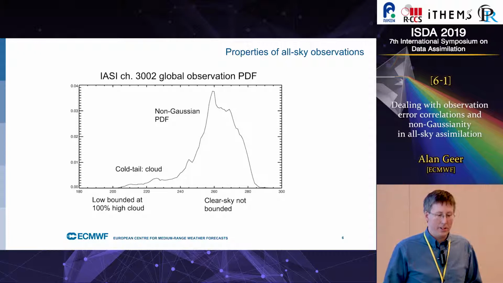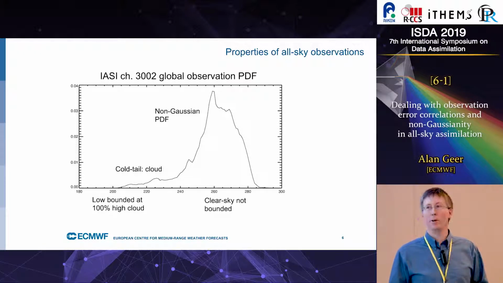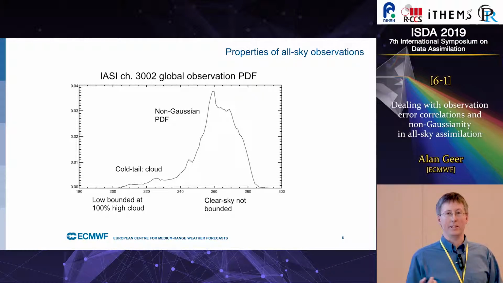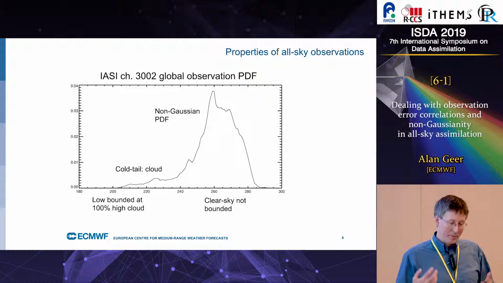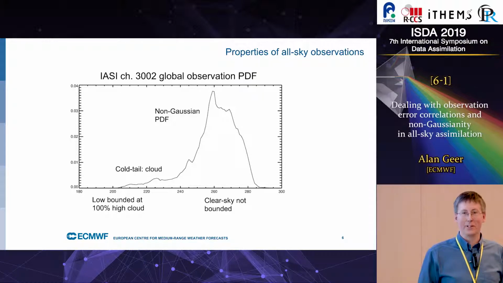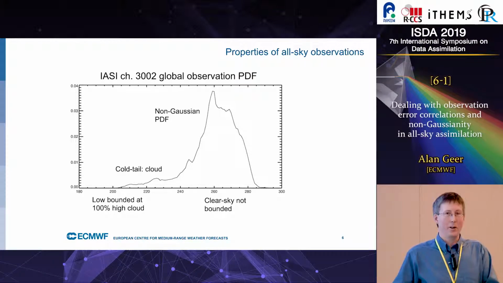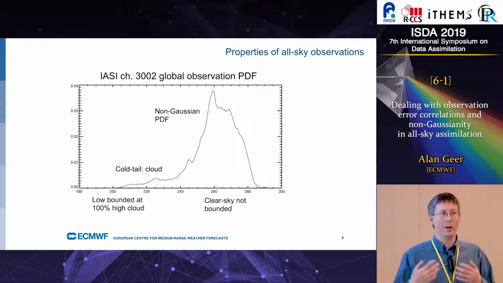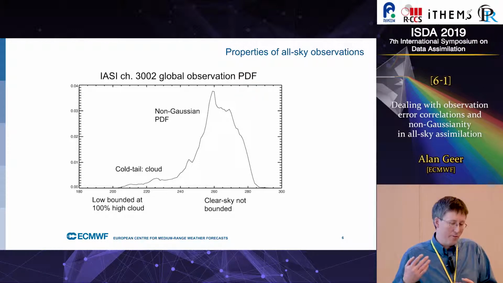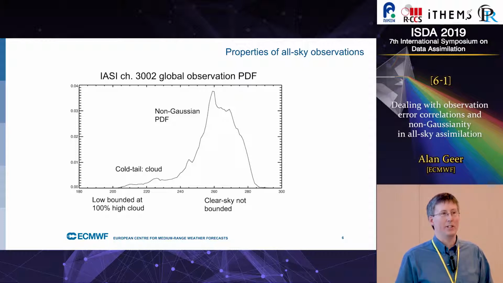Just an idea of what the observations look like. This is just a PDF of global observations, but if you took the PDF of your prior in an ensemble, you'd probably see something quite similar. It's a fairly non-Gaussian PDF: the infrequent cloud forms a cold tail, low brightness temperatures, and then there's a main peak of the distribution, which is mainly driven by clear sky observations and variations for this particular channel, variations in upper tropospheric humidity.